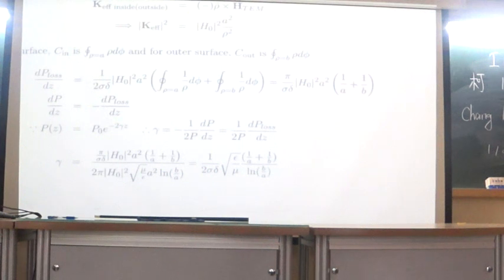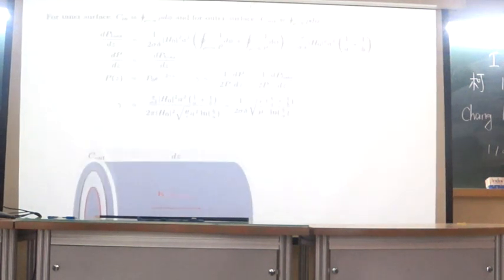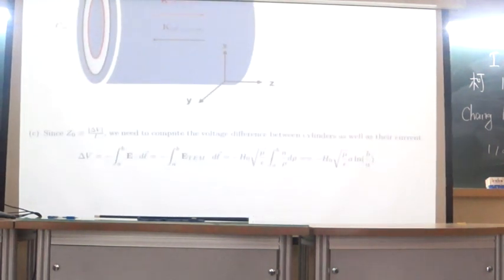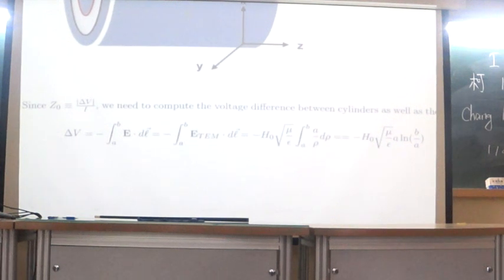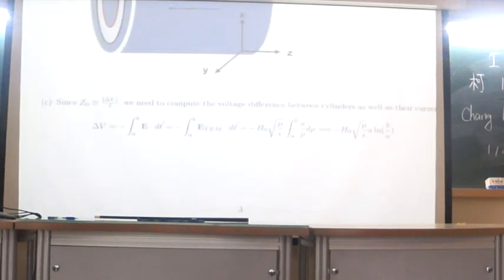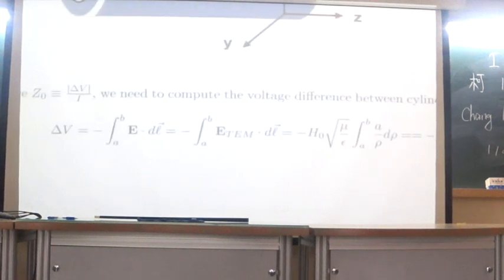Okay. Now, problem C asks us what is the characteristic impedance of these systems. The characteristic impedance of this system is defined by the voltage difference between two conductors divided by the current.